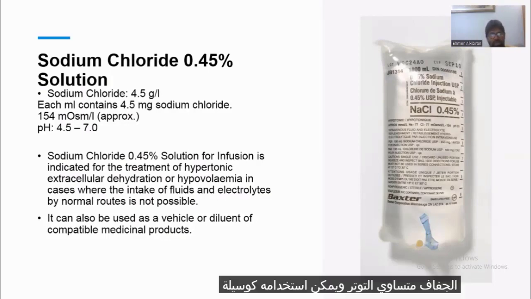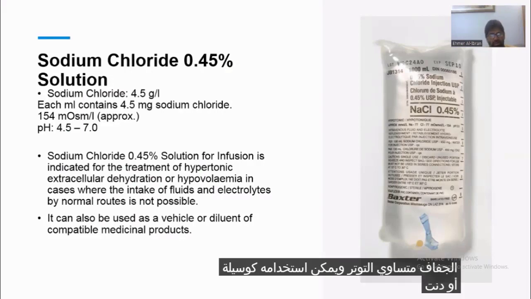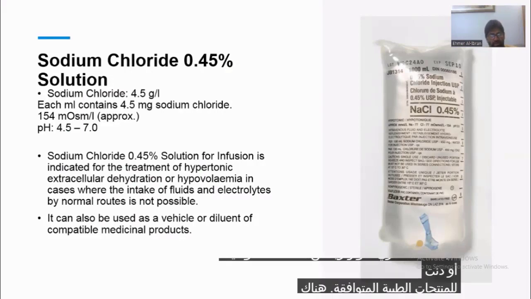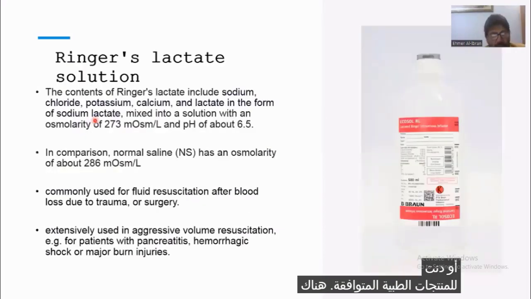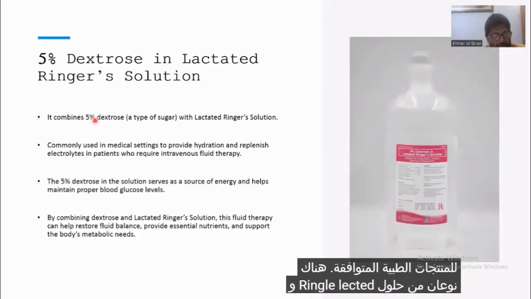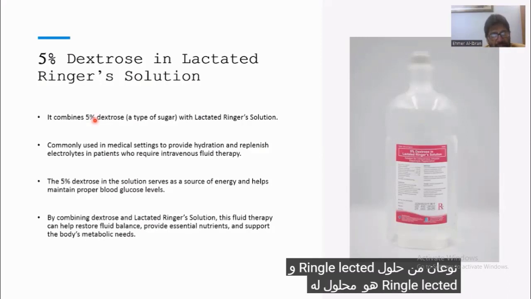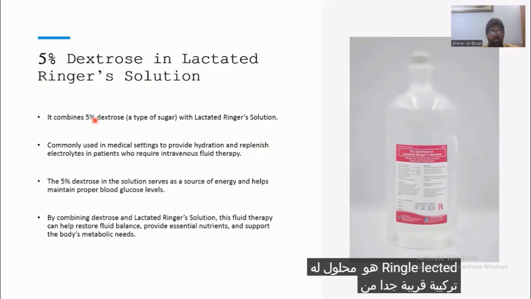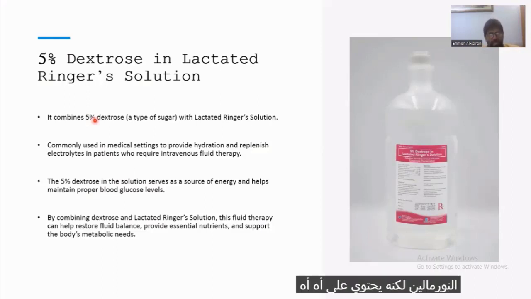It can be used as a vehicle or diluent of compatible medical products. There are two types of Ringer lactate solutions. Ringer lactate is a solution which has a very close composition to normal saline, but it contains lactate.